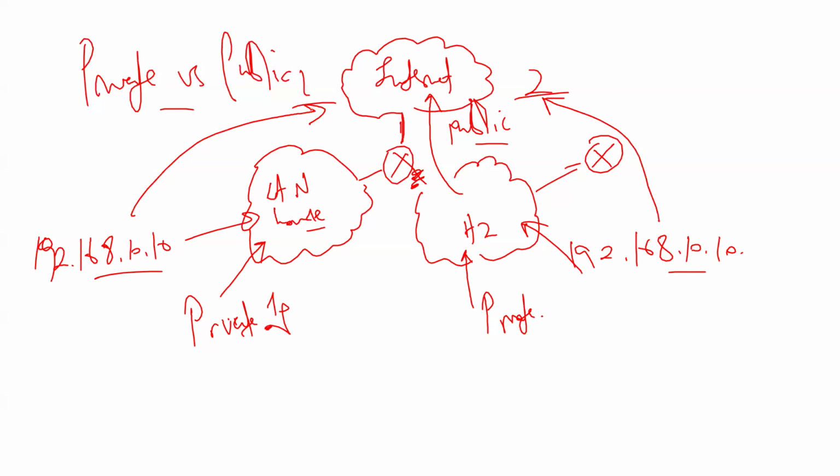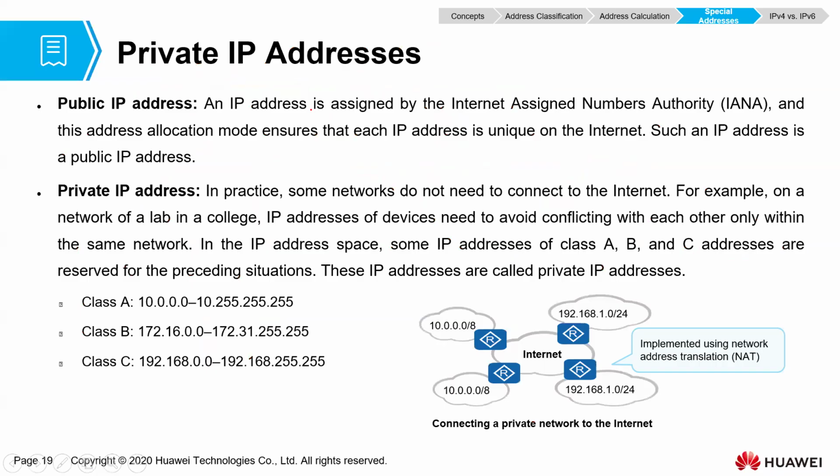So you realize private IP addresses are addresses that we use for our small networks that we design. But as soon as we want to connect to the global network, which is the internet, then that private IP address will not work. It will need to be converted to a public IP address, which will be used over the internet.